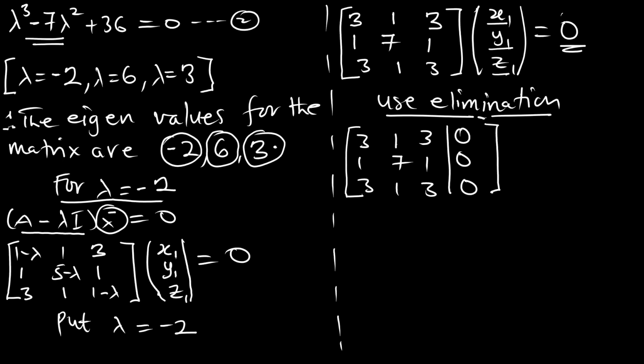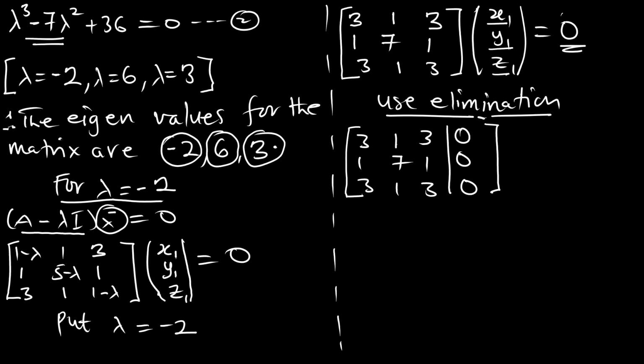And I'll try to manipulate the rows such that I get to a point where I can solve for the values of x, y, and z. It's the same as using the row operation. Are we okay? So here I'll try to make this part 0 and this part also 0 in order to get a simplified equation so that I can solve it easily.